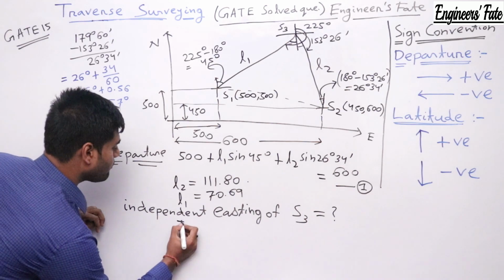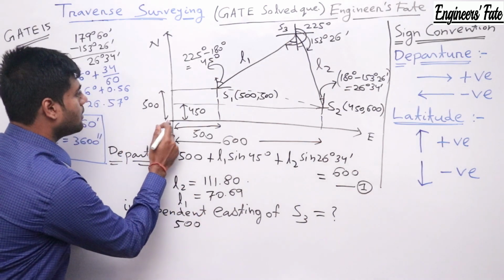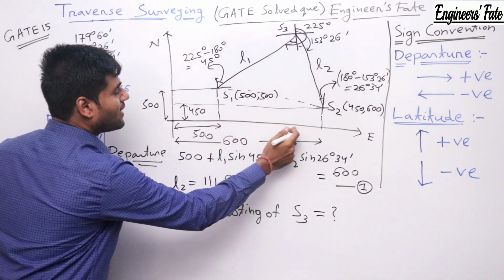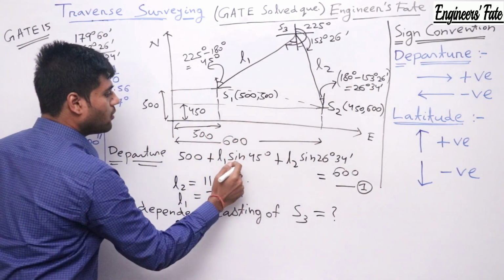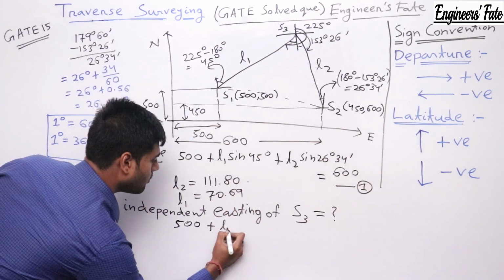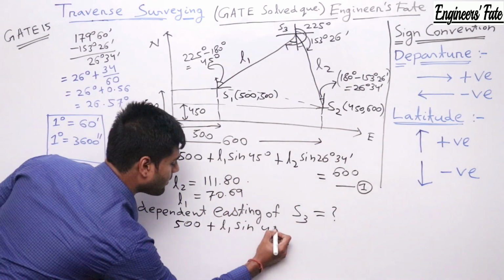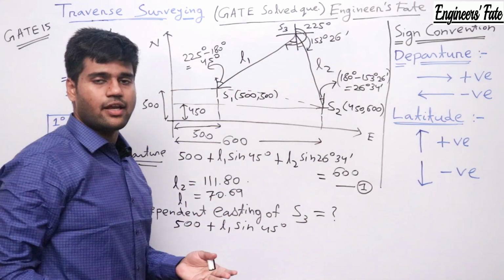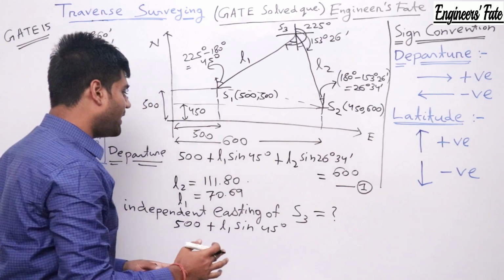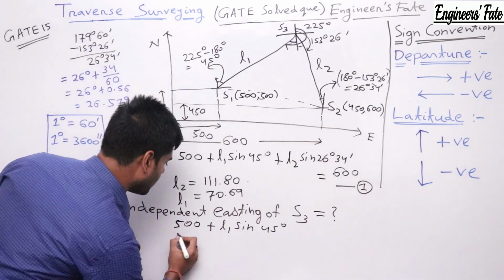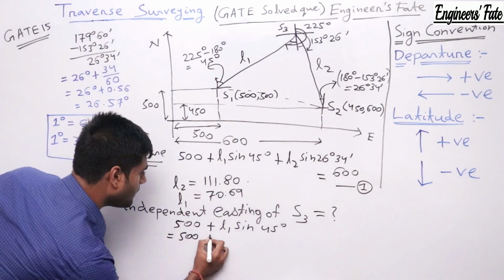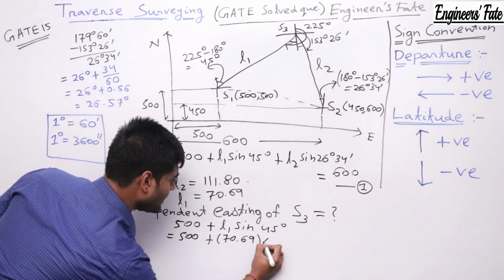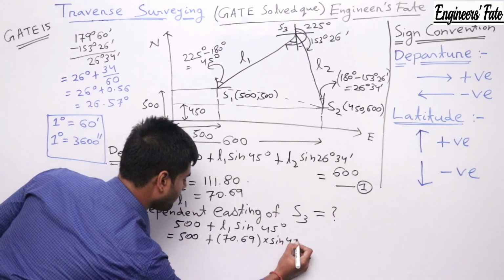I have started from here to here, that is 500, then again I have traveled the departure coordinate, that is L1 sin 45 degree. So I will reach station S3, and that will be my independent easting of S3. So that equals 500 plus L1 value 70.69 into sin 45 degree.